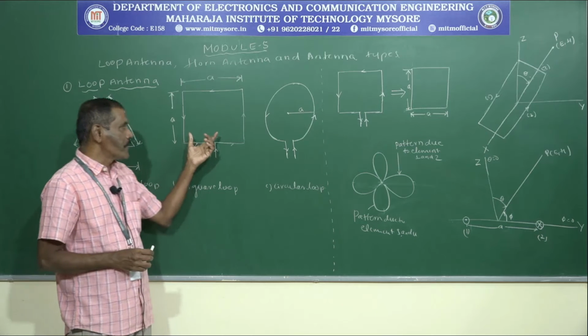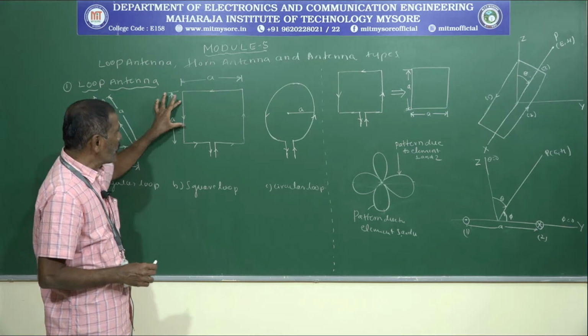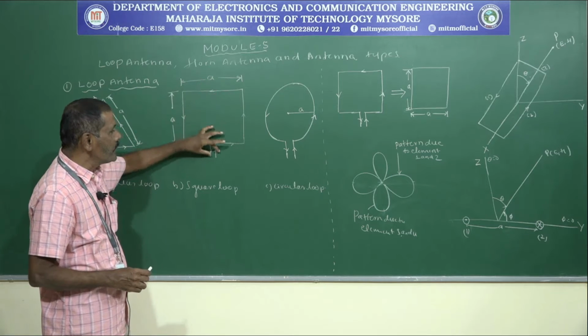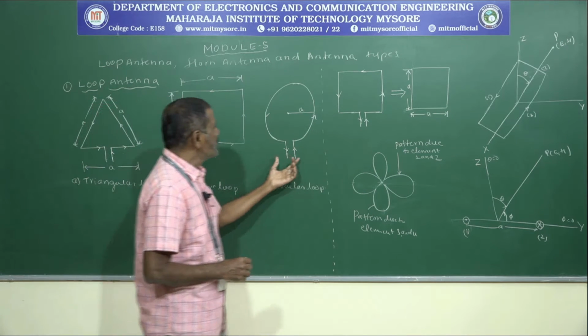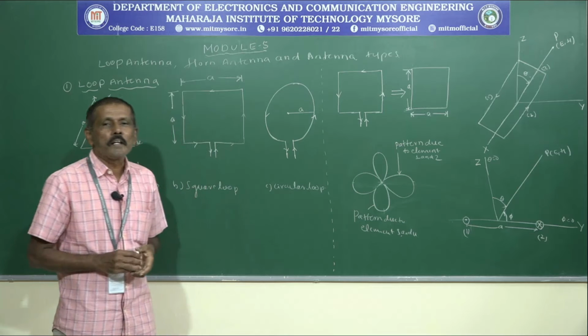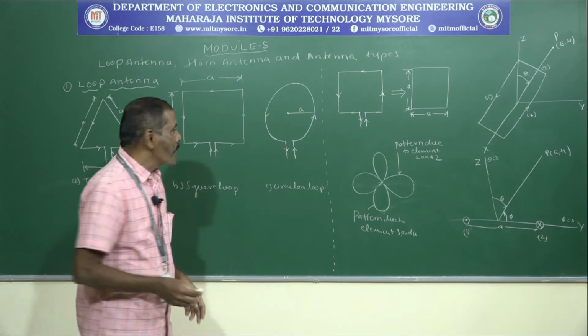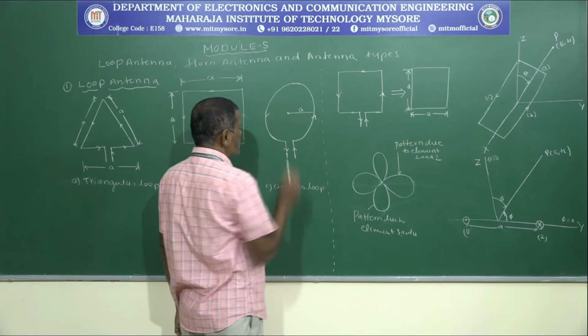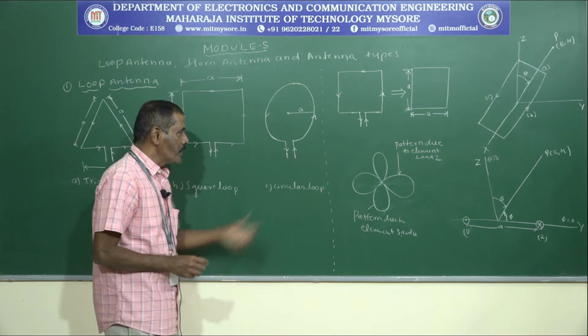I mean to say, for a square loop we have 4 antenna elements: element 1, element 2, element 3 and element 4. Similarly, this is the circular loop, where the antenna is formed in the form of a circle with radius A, and the signals are fed through these particular points.